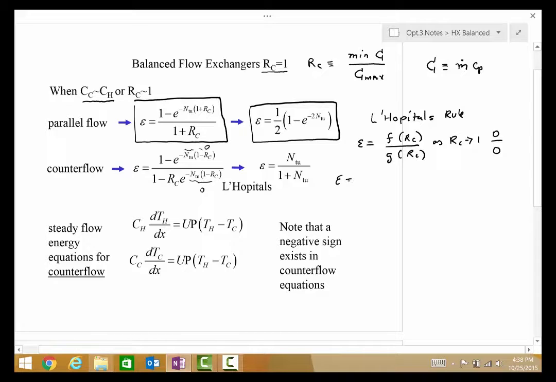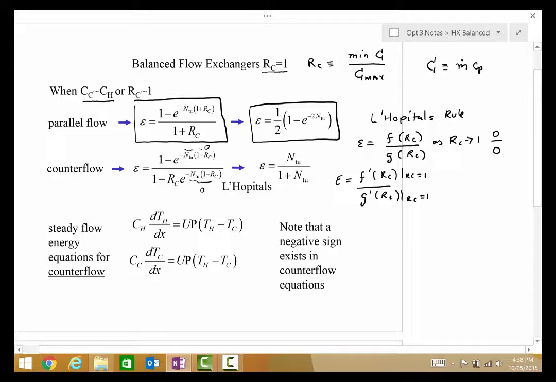So to evaluate it, we do f prime of RC at RC equal to 1 divided by g prime of RC at RC equal to 1. And what we get is NTU over 1 plus NTU. If you go through the steps, you'd find that this is correct, and I encourage you to go through those steps, but it's not necessary for us to go through the details right now.